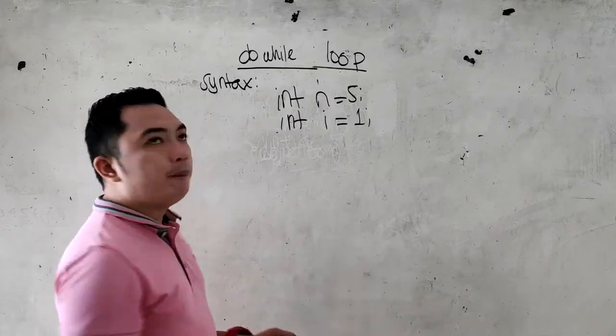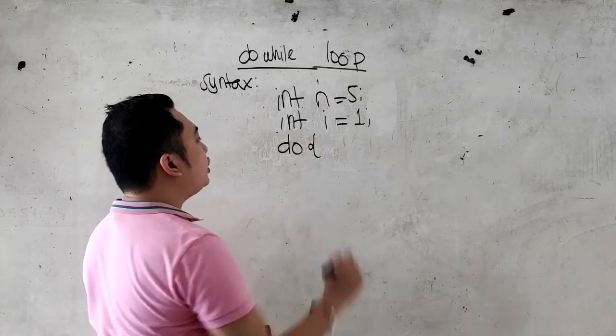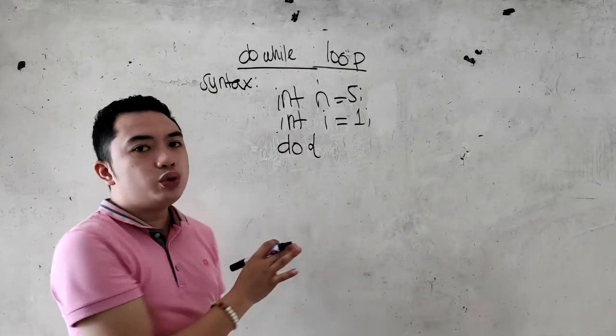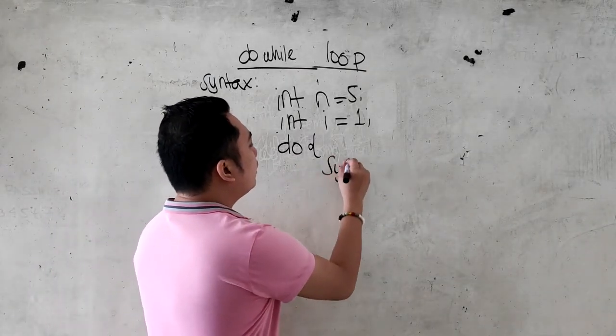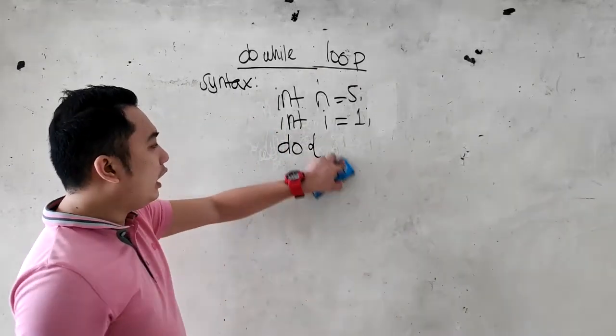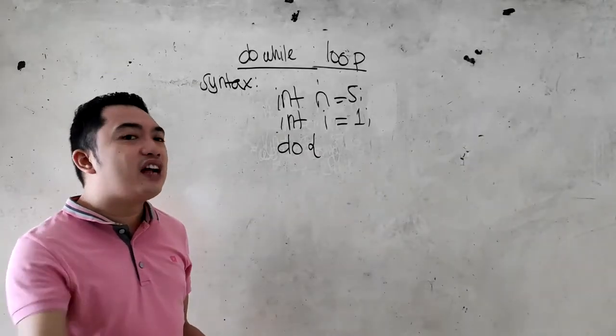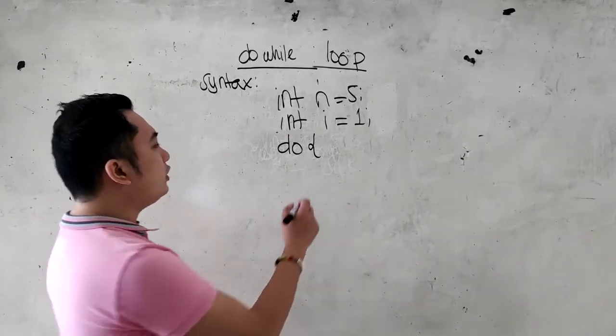So we will be starting our do-while loop with our do keyword, and then we will be printing. We can automatically compute the squared values in our System.out.println.